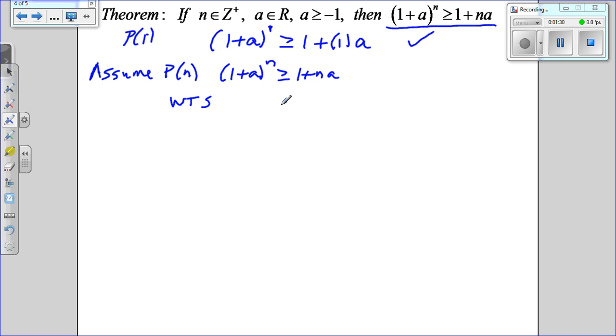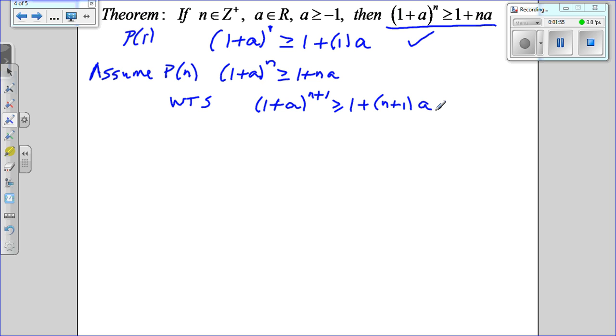We want to show P(n plus 1), which is (1 plus a) to the n plus 1 power, is greater than or equal to 1 plus the quantity n plus 1 times a.